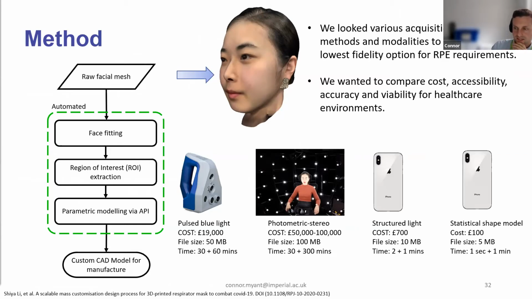The next method we used is a photometric process. This has a number of cameras placed in known locations that are spaced, the angle between each camera and the location of each camera relative to each other is known. And then where you are relative to the cameras is known as well. And then they take a series of high resolution 2D images, and from that, you can stitch them all together to create a 3D model.